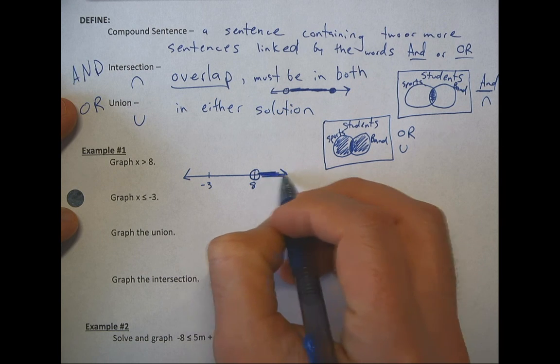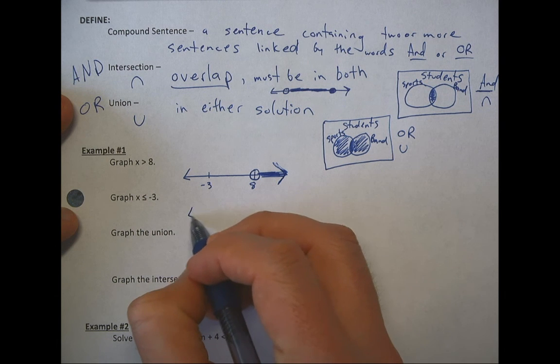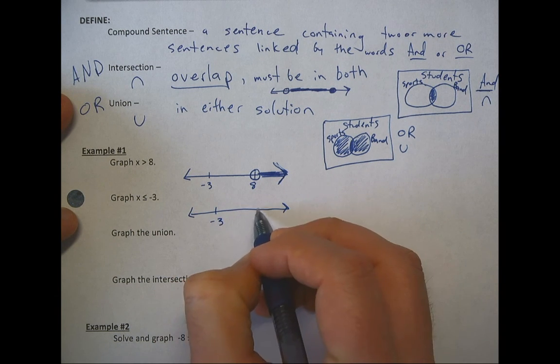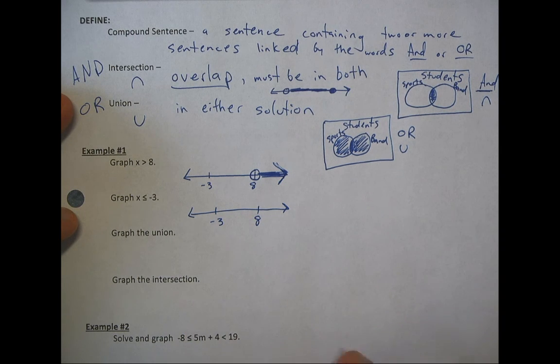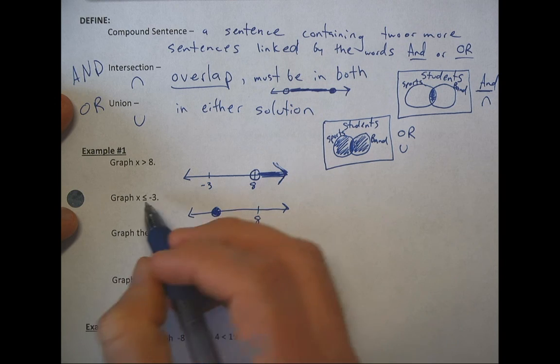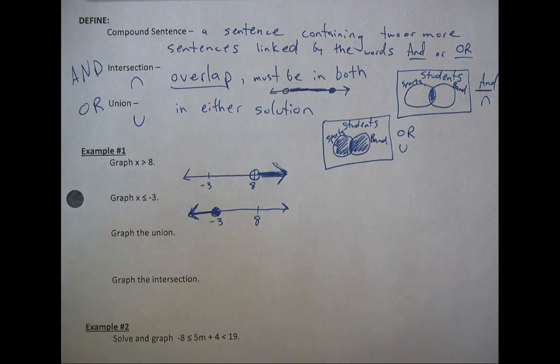And greater than would be this direction. Now let's graph right underneath of it x is less than or equal to -3 on a similar graph. First of all, it's going to be a filled in circle, and x is less than, so numbers are this way.